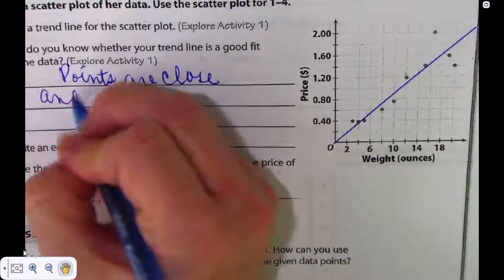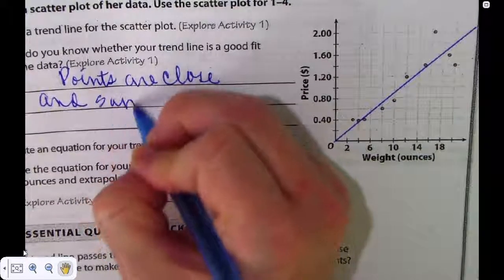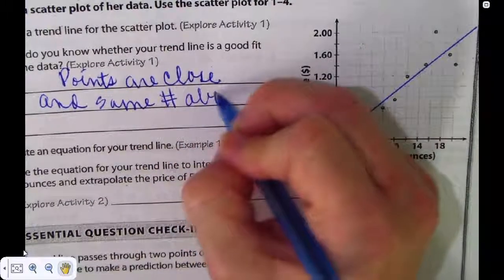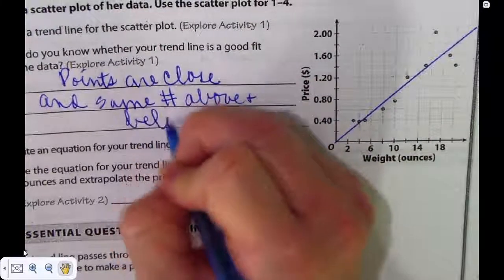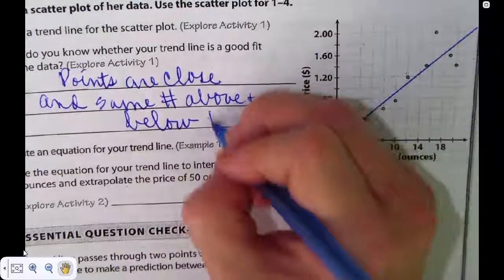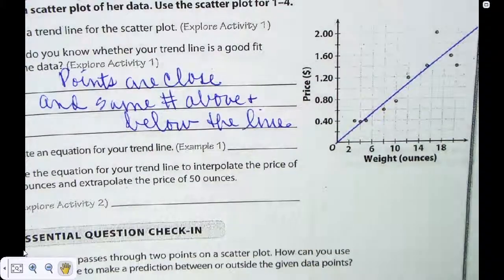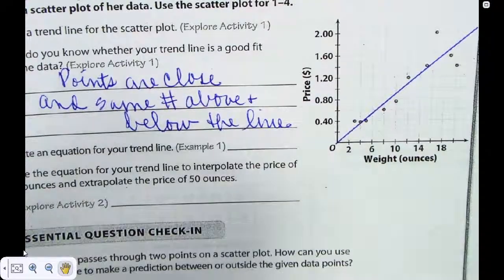And Logan's right, you have the same number or close to the same number above and below the line. And when I say line, I mean trend line. So the points are close to the line, and they're the same number above and below the line. That's a strong association. And now we need to write the equation.